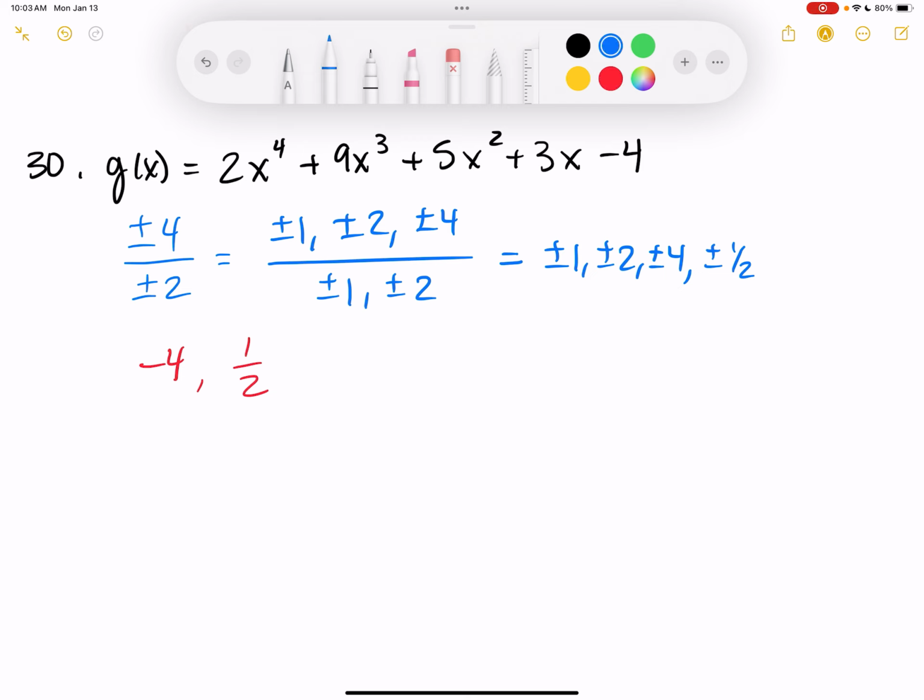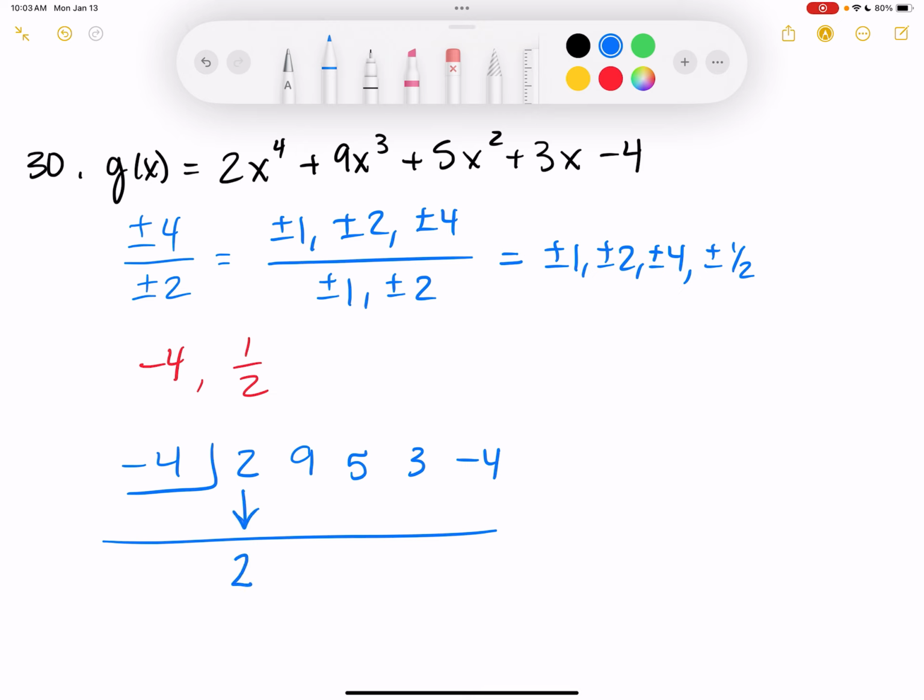All right, so -4. I don't have any missing terms, so just copy everything down exactly. 2, 9, 5, 3, -4. Bring down the 2. 2 times -4 is -8.